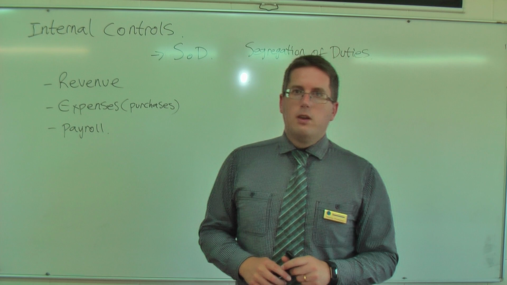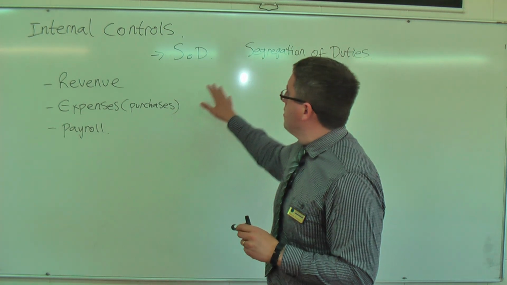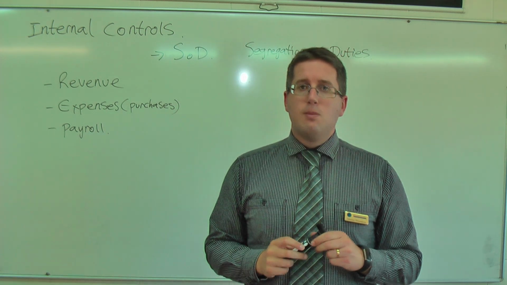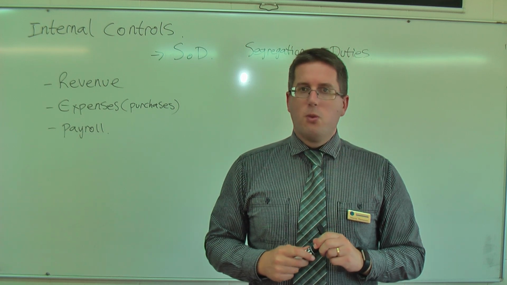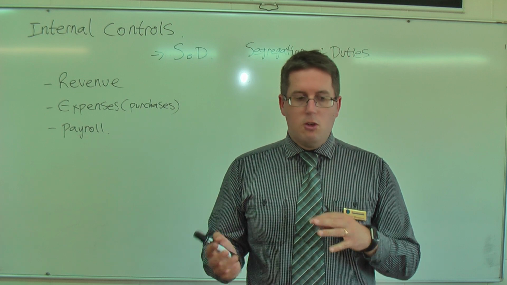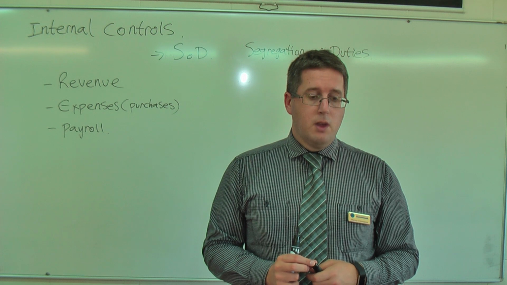Okay, last little slide on the PowerPoint is just some other internal controls. Now, as I said, segregation of duties is only one internal control. There are many more that you can put into place. So you can set authorisation limits, double authorisation on payments, doing bank reconciliations, making sure we have the right amount in the bank.